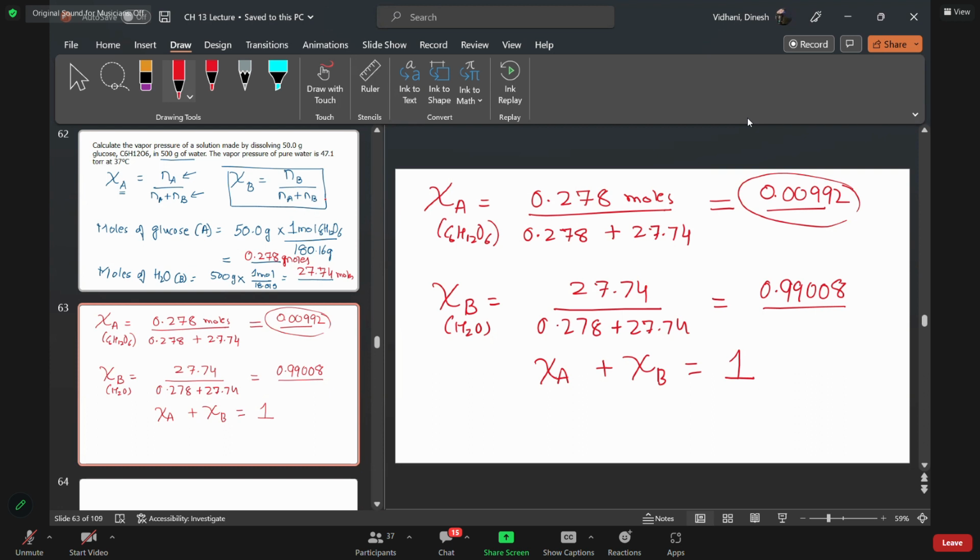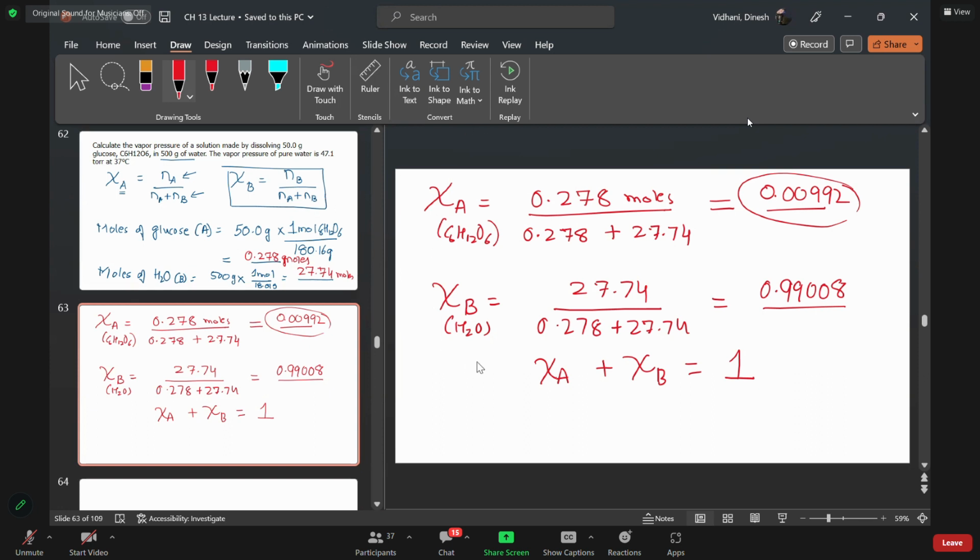Either way you can do it. Now, why did I show you this method? Because in an exam, you may not be provided the information like this one. It may not be that straightforward, right? So you need to know these equations so that you can apply them.